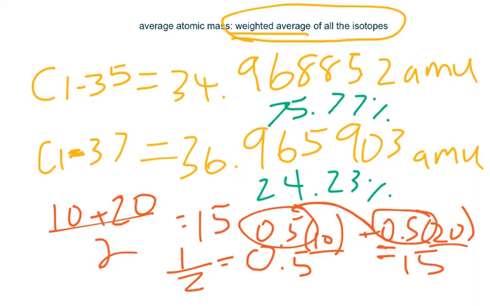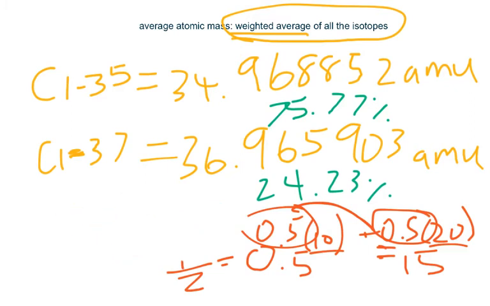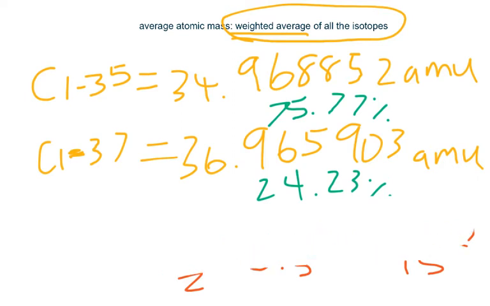Now, this is where a weighted average is different. While normal averages have the number like this number be the same for each number, weighted averages are different. So let me erase this. So in a weighted average, instead of doing 50-50, we have to do it based on the isotopic abundance, or the abundance.